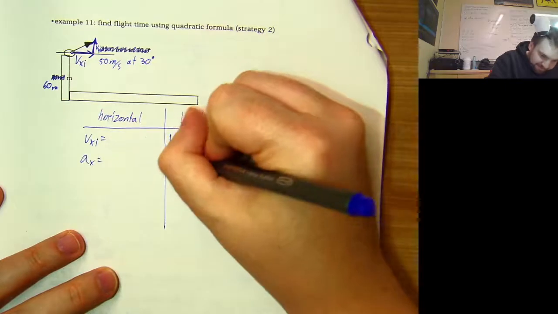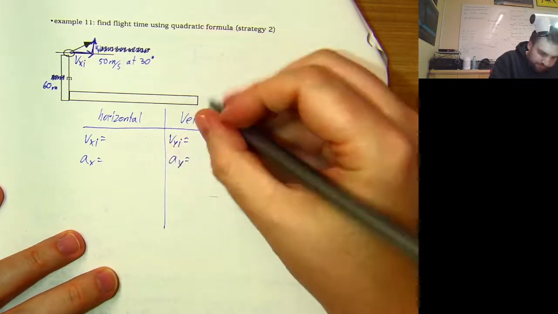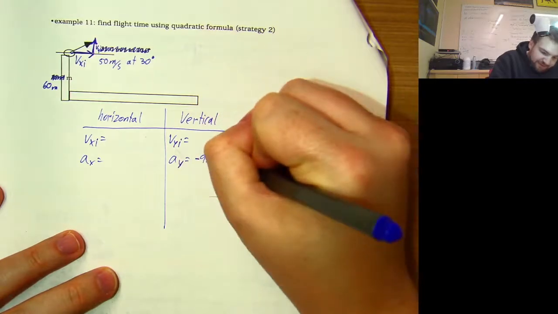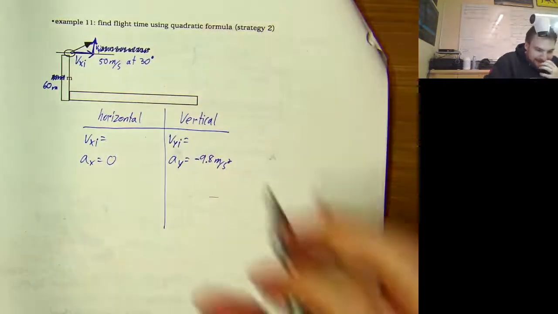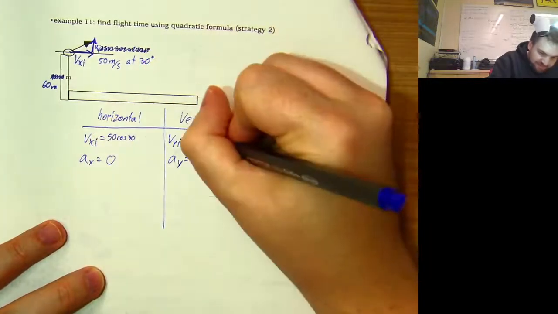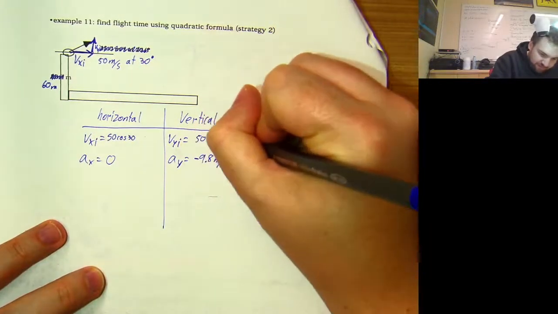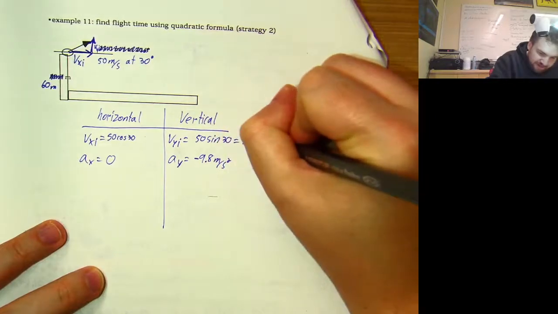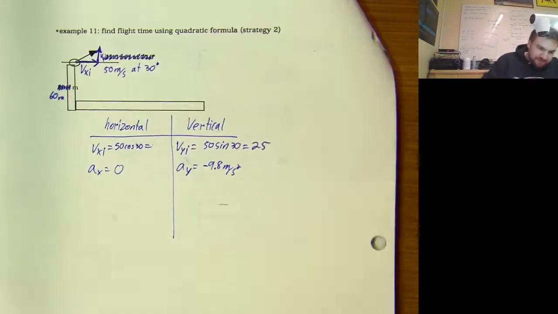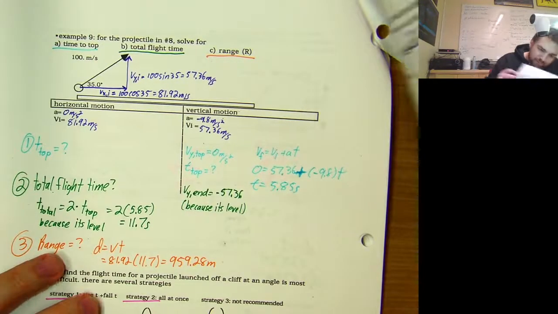We've got an Ax and an Ay. Ay is negative 9.8 meters per second squared. Ax is 0. Vx is 50 cos 30, and this is going to be 50 sine 30. This is 25. And this one was 43 point something. Let me flip back. 43.30.